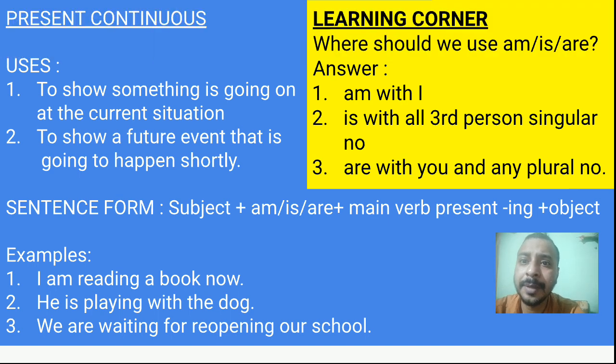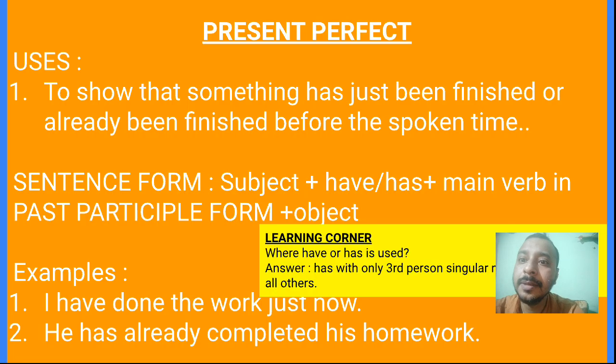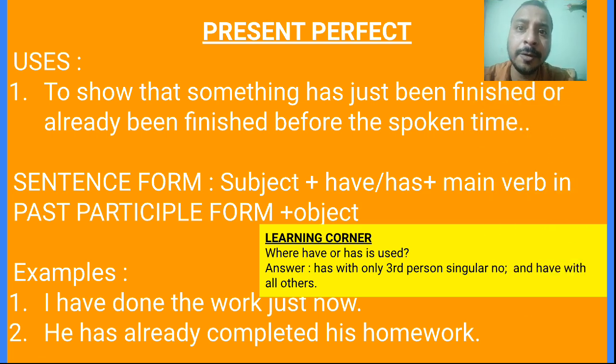Next, we move on to present perfect tense. Present perfect tense is basically used to mean something just now completed, or already completed. For example, I have taught you simple present tense and present continuous tense just now. Oh, this is a present perfect tense sentence.